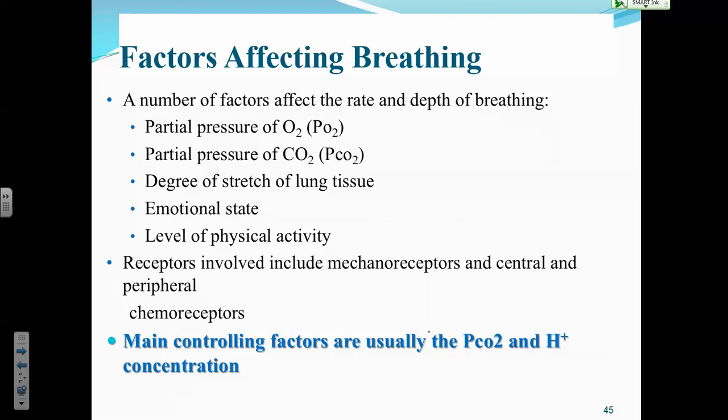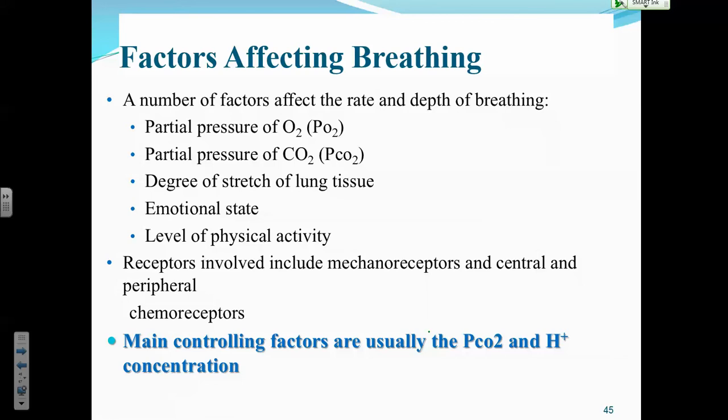A lot of factors in your body will cause impulses to go to your respiratory center, which in turn will react by sending either sympathetic or parasympathetic impulses to speed it up or slow it down. One of the things is the partial pressures of the two gases involved, oxygen and carbon dioxide, in your blood. That's going to affect your rate and depth of breathing. We'll see that in a little while. We're just listing them here.